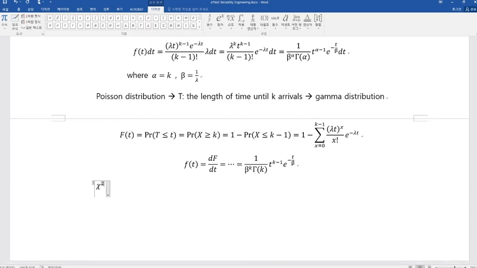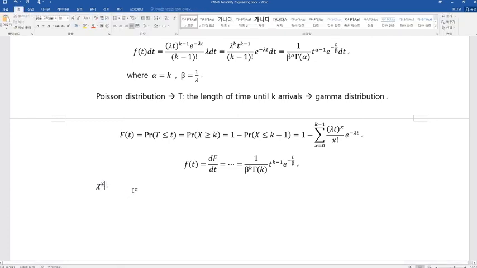So chi-squared, called the chi-square distribution, is in fact a special case of gamma distribution. So you are going to learn the chi-square distribution later.